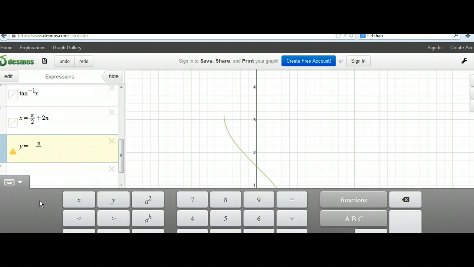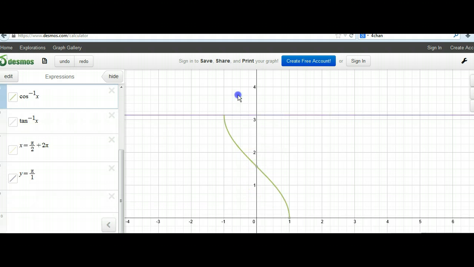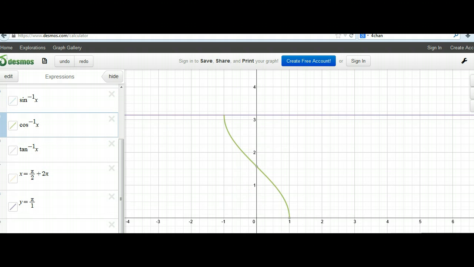Or just pi. This is just at pi. So when does it give us 0, and when does it give us 1?